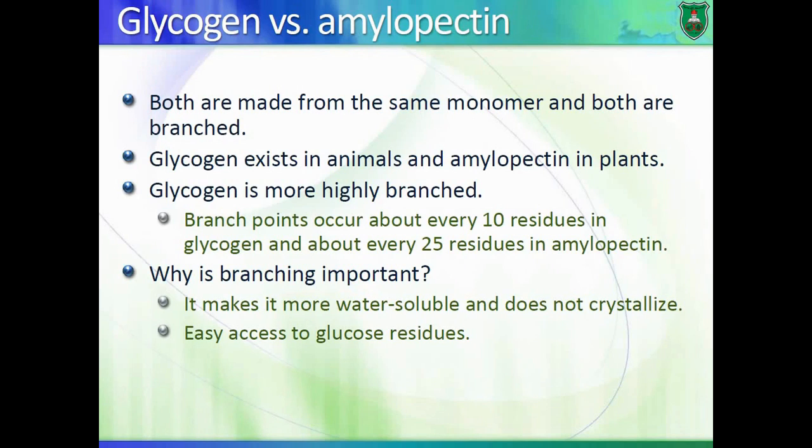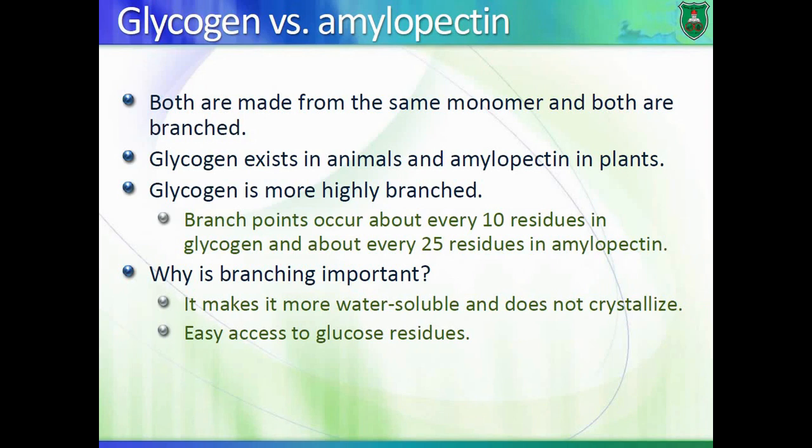So let's compare between glycogen and amylopectin, which is the branched form of starch. They're both made of glucose, as we've seen earlier. They both have alpha 1,4 linkages in the main chains and alpha 1,6 at the branching points.